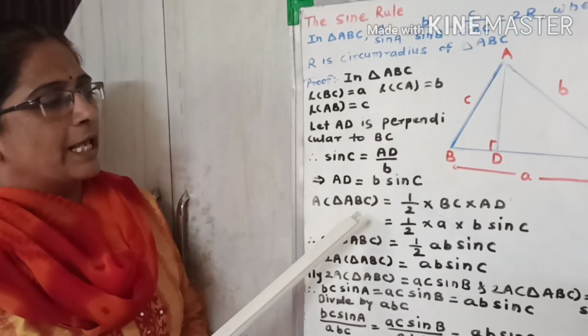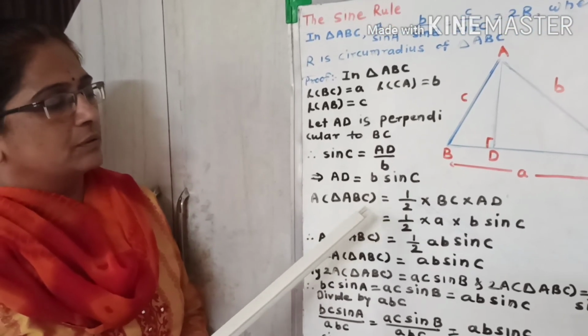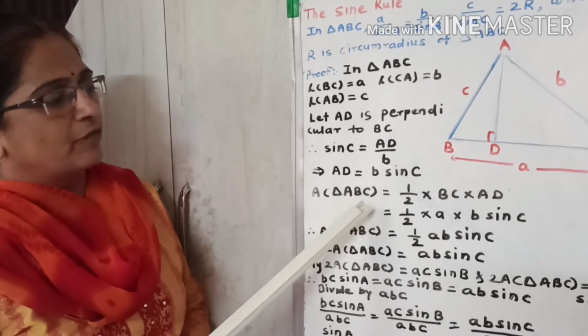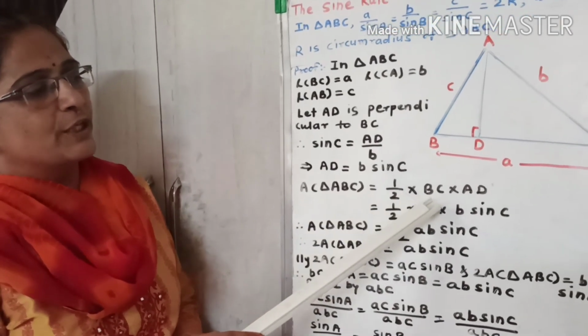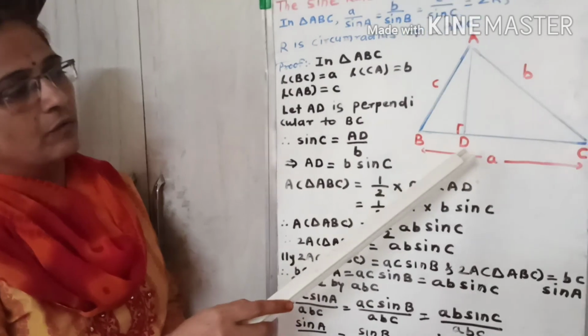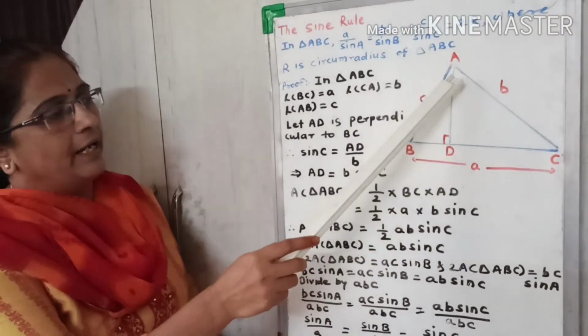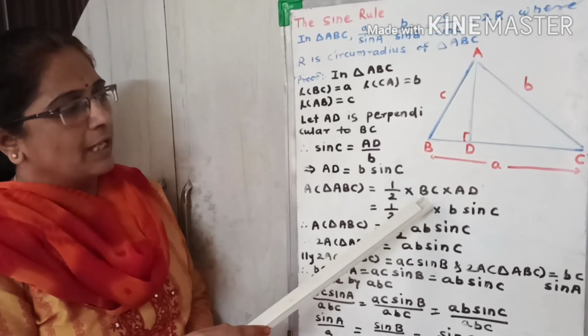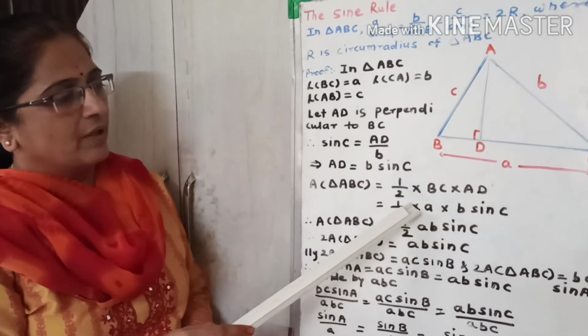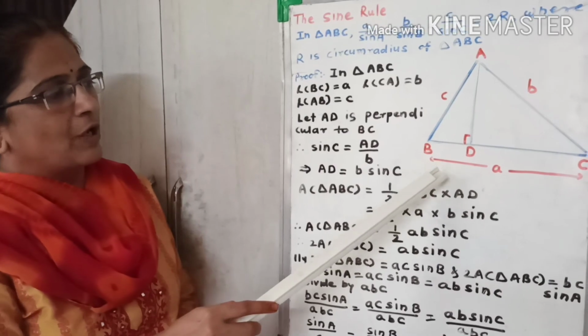Now we know the formula for the area of a triangle is 1/2 base into height. Okay. So what is the base? The base is BC, and the height is AD. Therefore 1/2 into length BC into length AD. What is the value of BC? That is a.